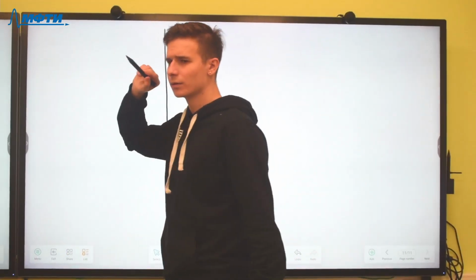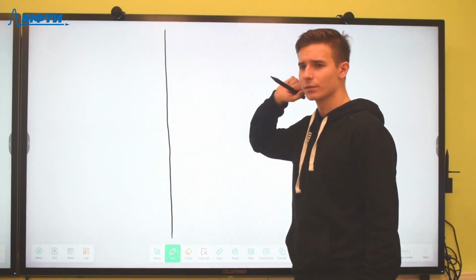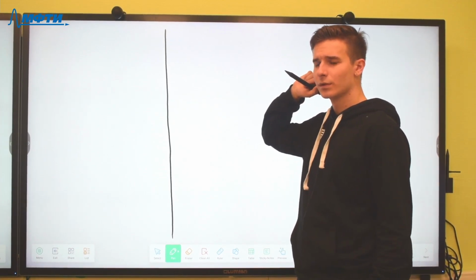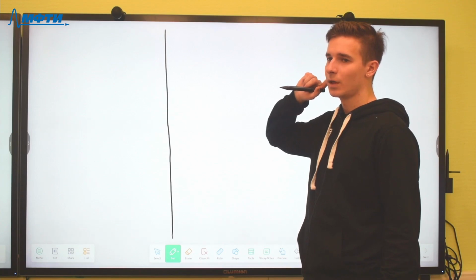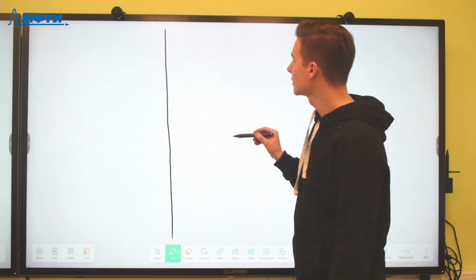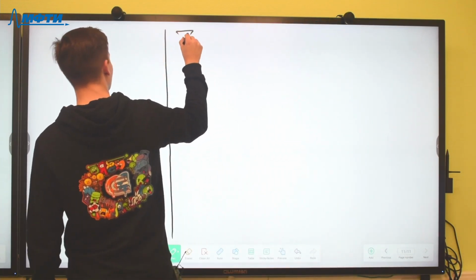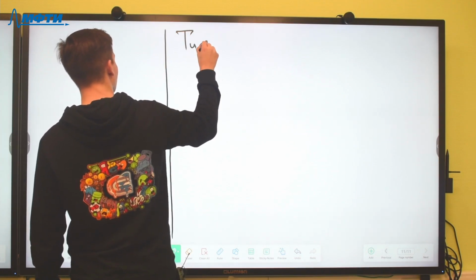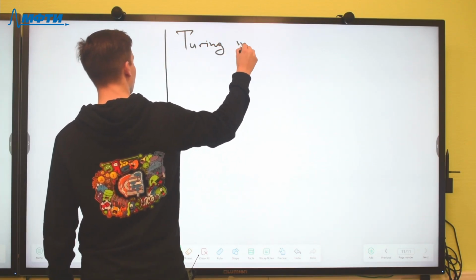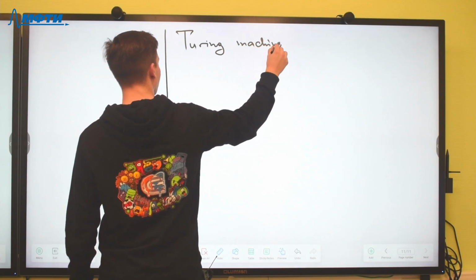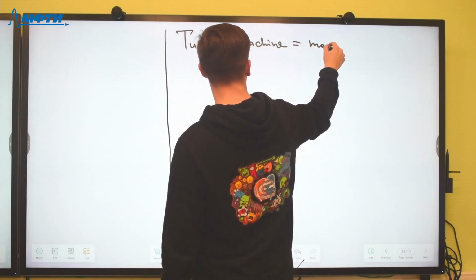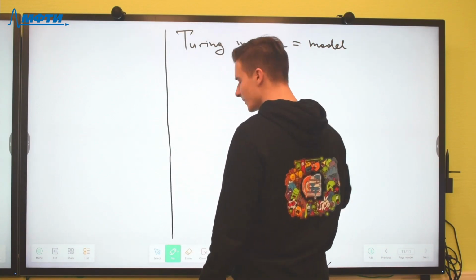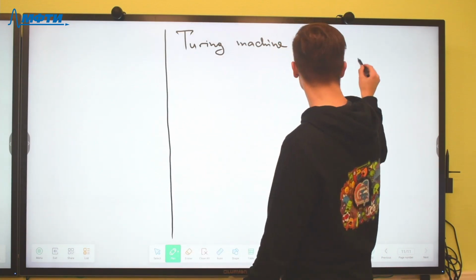And did you face Turing machine in other courses? Turing machine, no? Turing machine, it is a model, a mathematical model of a computer.